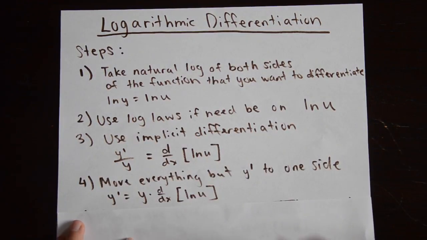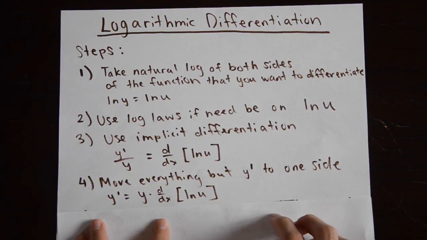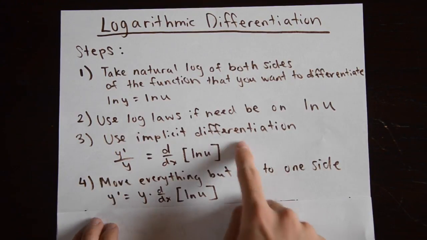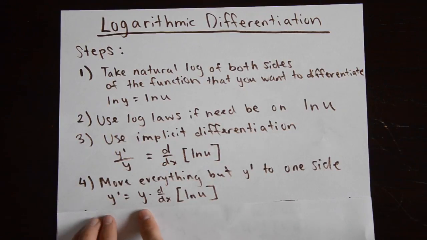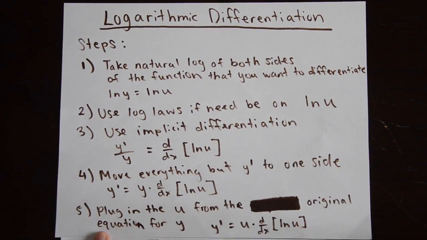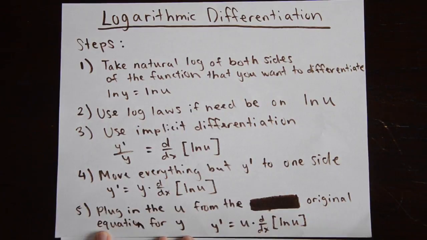Now the fourth step is to move everything but y prime to one side of the equation. So you just multiply by y, and you get y prime equals y times the derivative of the natural log of u. Now the last step is to plug in the u from the original equation for y. So you get y prime equals u times the derivative of the natural log of u.